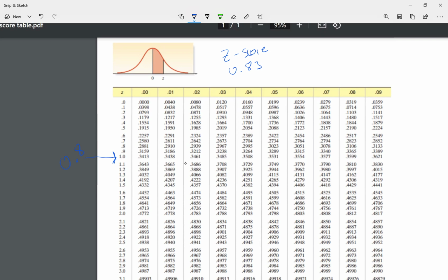So 0.8 is right here. Now here on the top in yellow, I'm going to look for my second decimal place, which is 0.03. So I'm looking at 0.03, which is right here. And then when they meet, it gives me this much right here. So 0.2967.